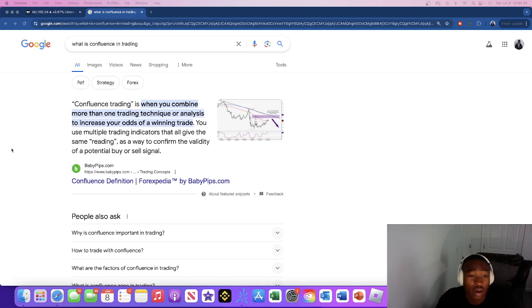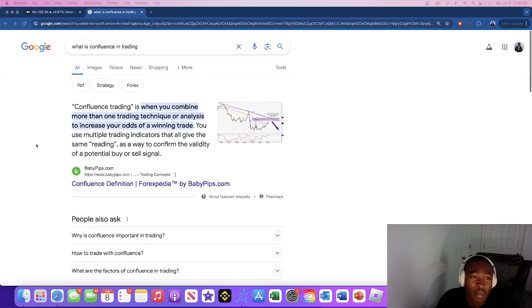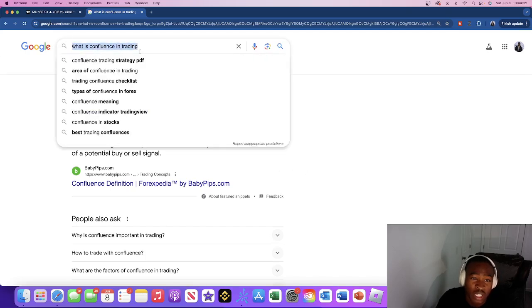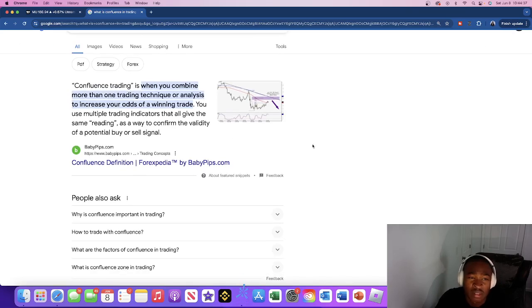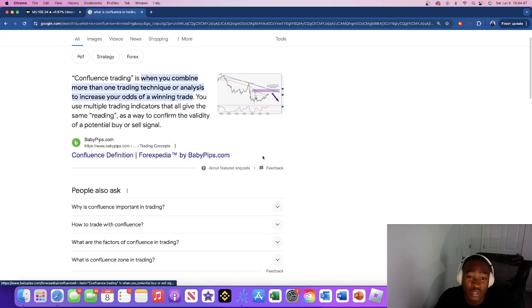So starting off the bat, I pulled up a Google search of what is trading with Confluence, right? When you pull that up, it says trading with Confluence is when you combine one or more trading techniques or analysis to increase your odds of winning a trade, right? So this is definitely going to increase your odds.